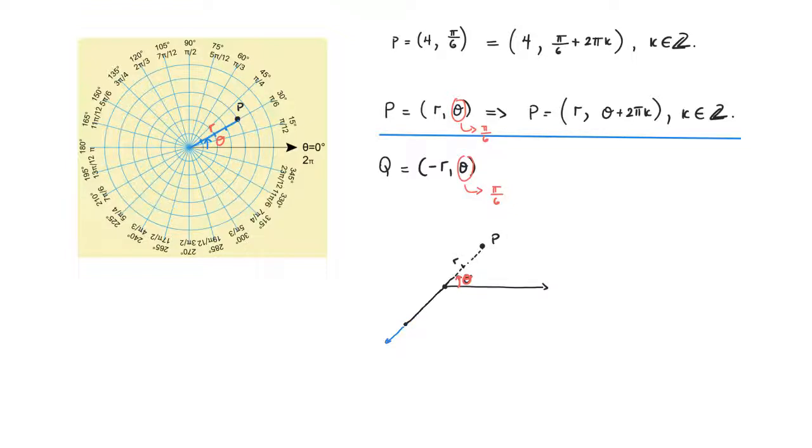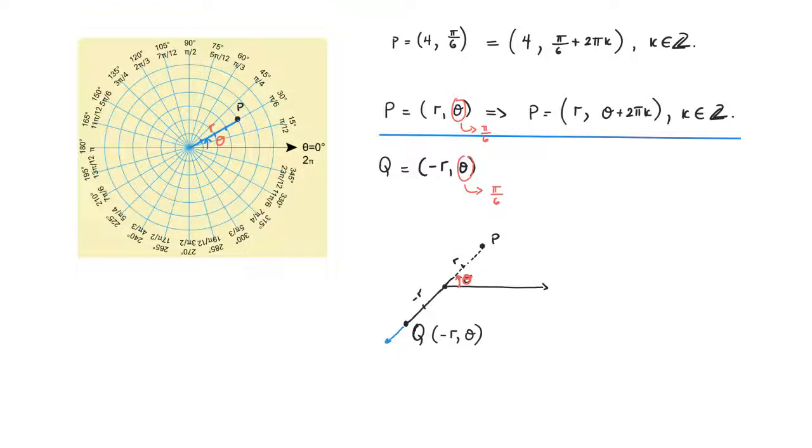This length seems to be identical to this one right here. So practically then, this is negative r because you went in the opposite direction as before. And once you measure this length over here, then you have located point Q. Point Q will have coordinates negative r, comma, theta.